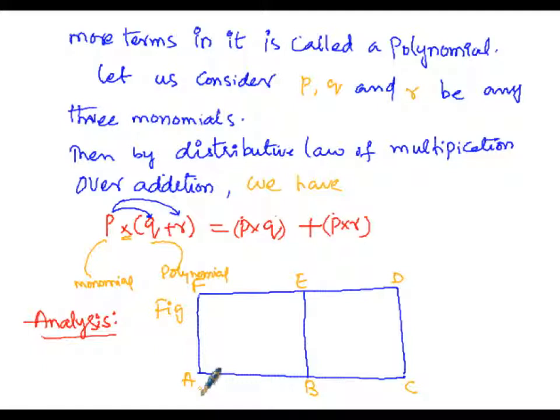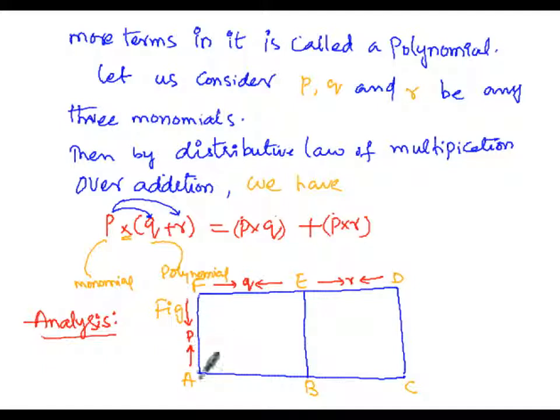Let us consider the length of FE as Q units and the length of ED as R units. Similarly, let us consider the length of FA, or AF, as P units.